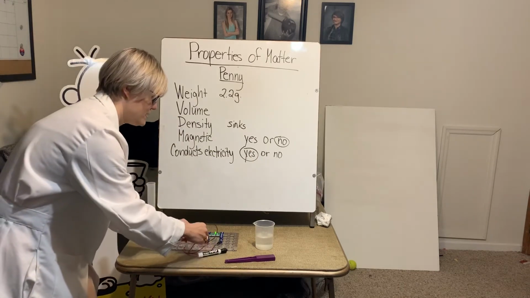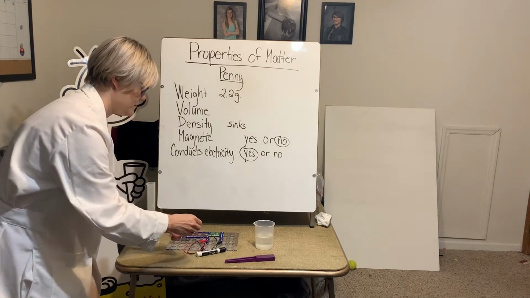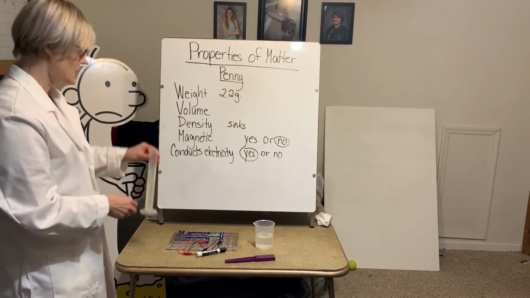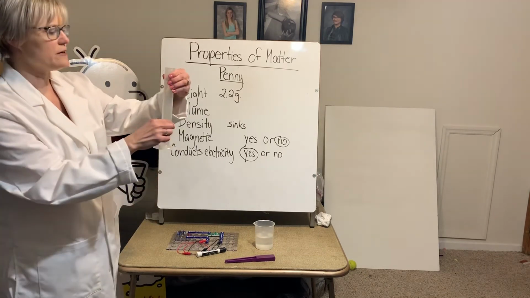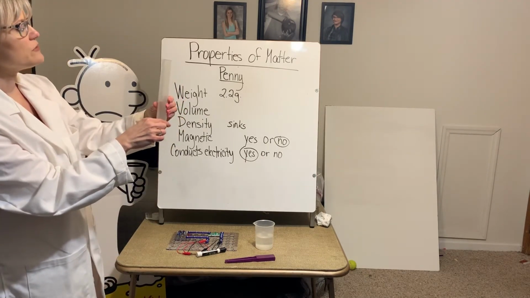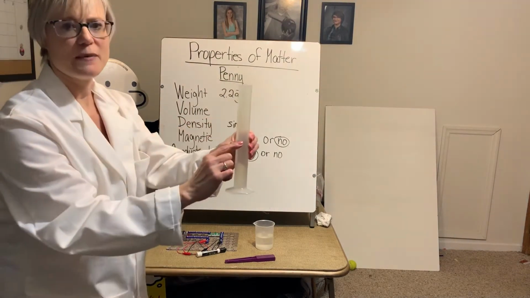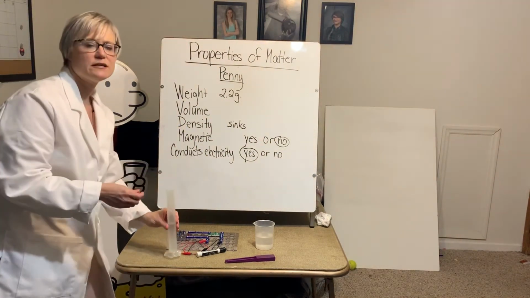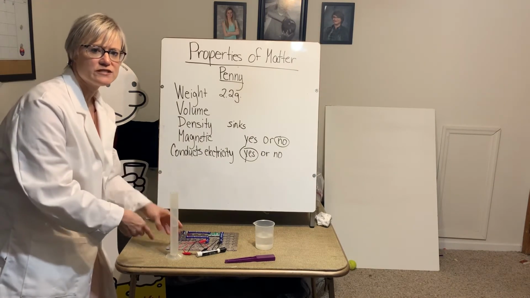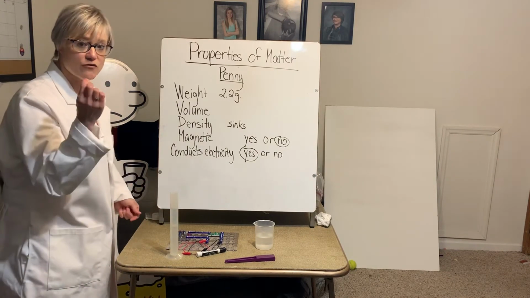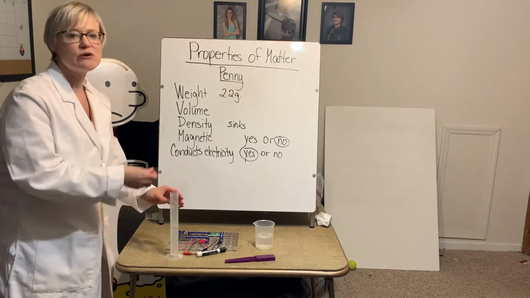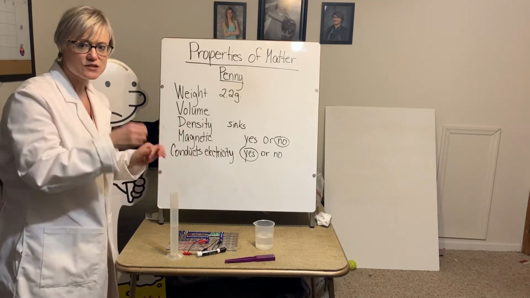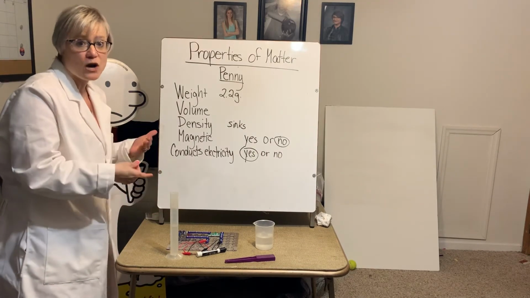All right. Now, my last one is the volume. So I've got my graduated cylinder here, and I don't know if you can see, I've got 60 mLs of water, and I'm going to drop this in, and I want to see how much water is displaced or moved when the penny is placed in here. So I want to see how much space this penny takes up and how much water it moves.